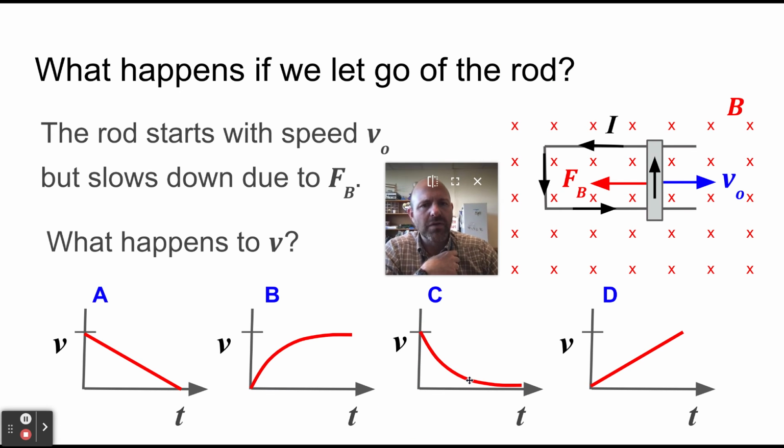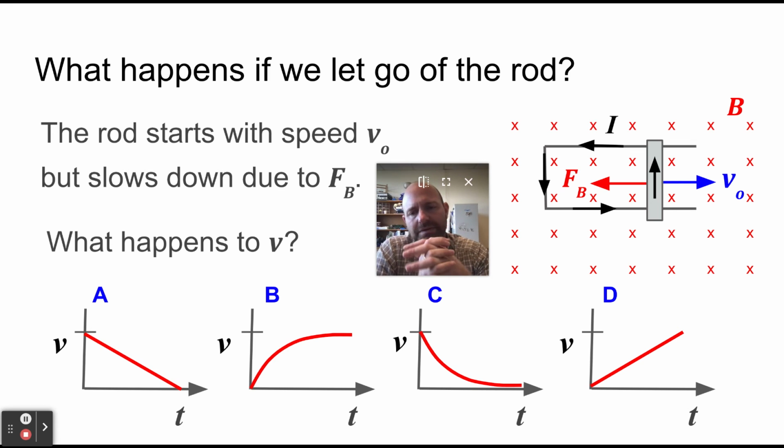What happens if we let go of the rod? So this one, obviously, you're not going to answer this question, but this gives you a sense. If you were to let go of the rod, it's moving at some speed, and there's a magnetic force opposing it. So it stands to reason that A or C will happen. It will slow down because there is a magnetic force opposing motion. That means it's going to have a net force opposite its velocity, which means it will have a decreasing velocity.